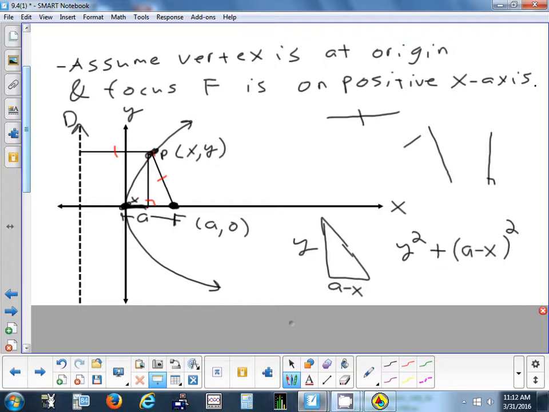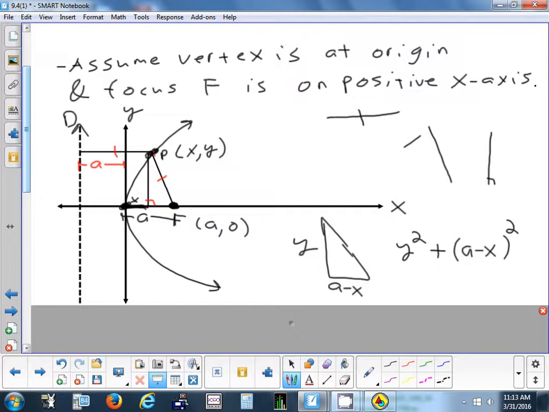All right, well, it's definitely, we're going to use x, but not 2x. Yep, it's a plus x. How do I know this part is a? Well, it has to be a, because any point on the parabola is the same distance from the focus as it is from the directrix.